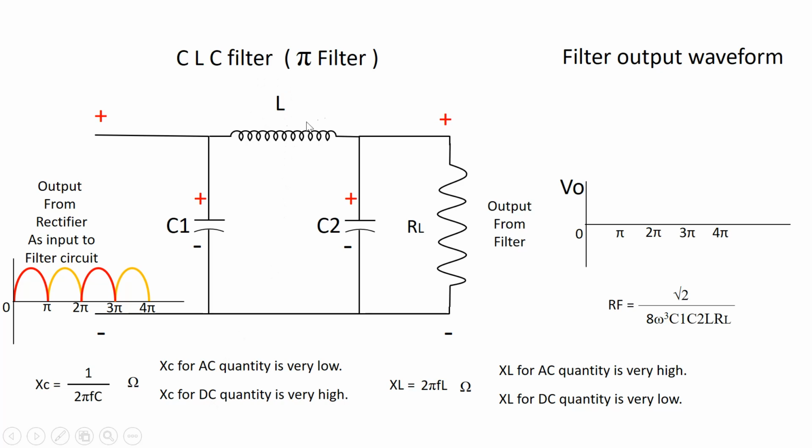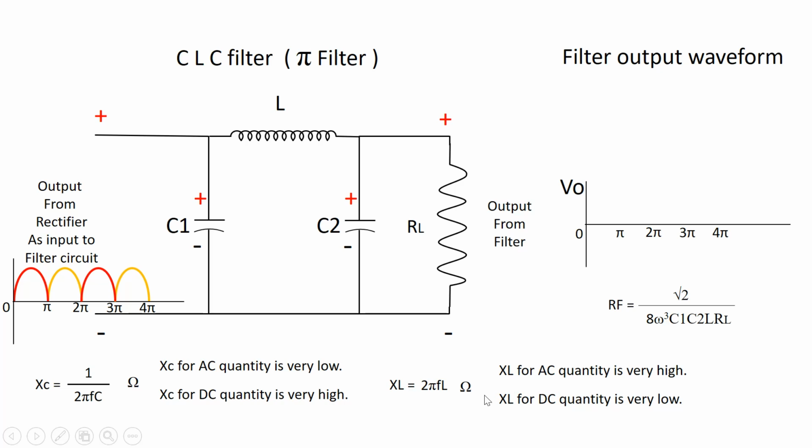Coming to this inductor L, which offers opposition to the flow of electrical quantities, it is given by the inductive reactance XL is equal to 2 pi FL, wherein XL is directly proportional to the frequency of the input. For higher frequency values, XL will be very high. That is, it offers very high opposition for the AC quantities, and very low opposition for the DC quantities.